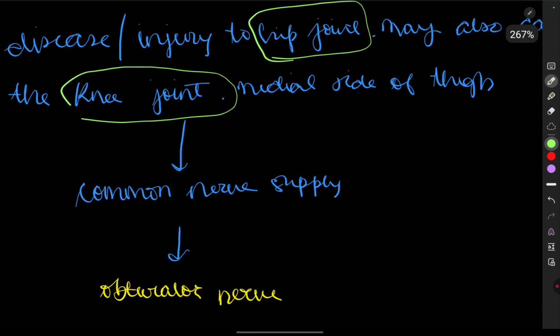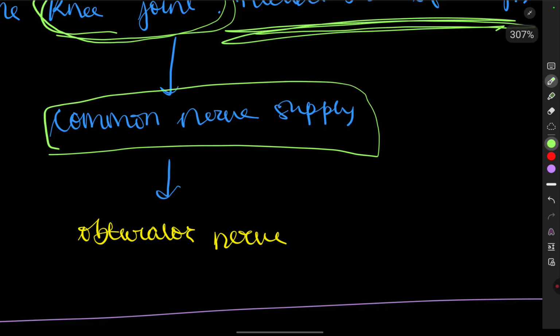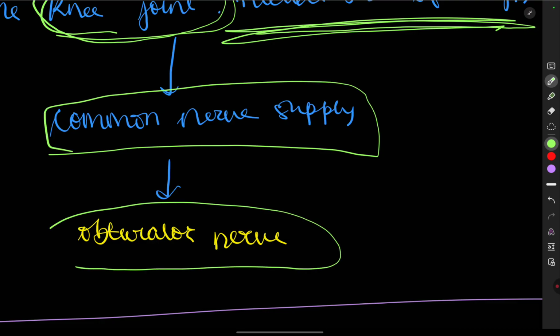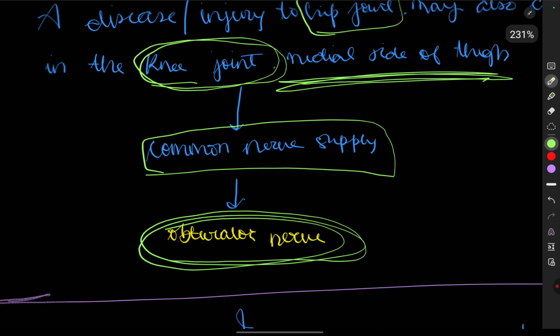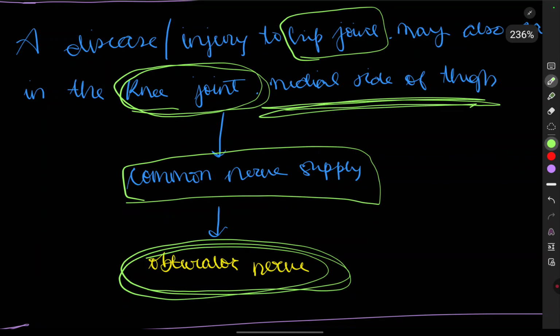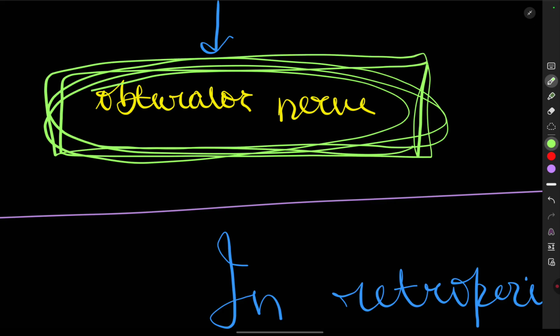It can travel from the hip joint to the knee joint and the medial side of the thigh, because there is a common nerve supply, and the obturator nerve, which supplies the medial side of the thigh, can be injured as well.